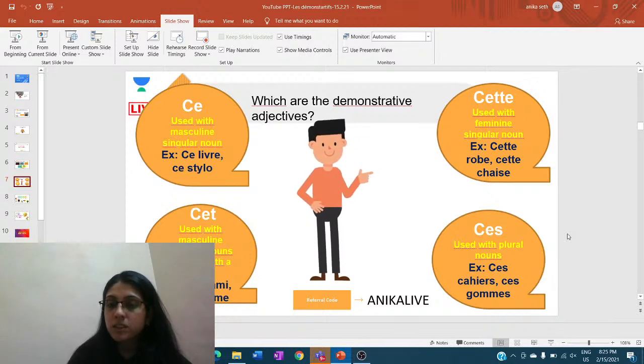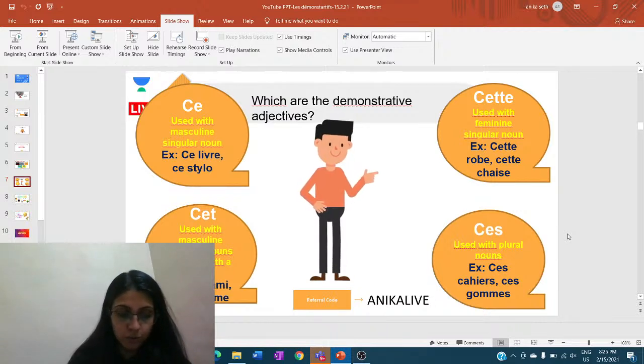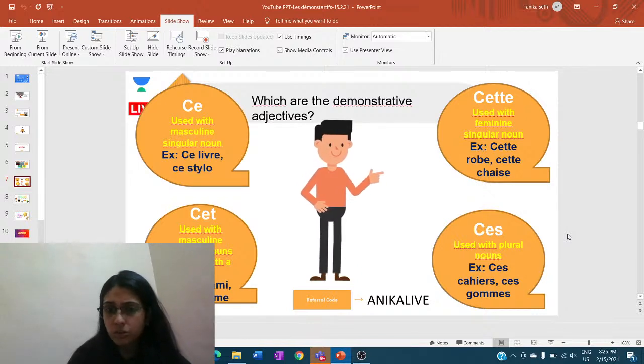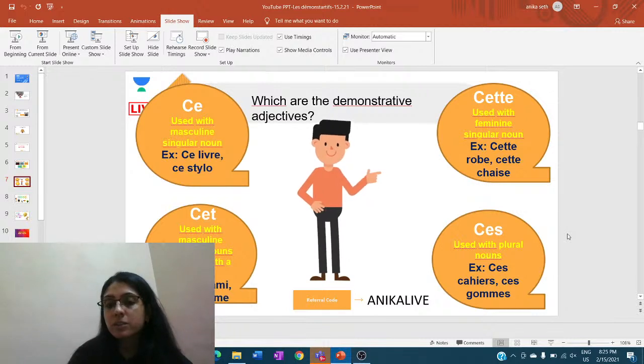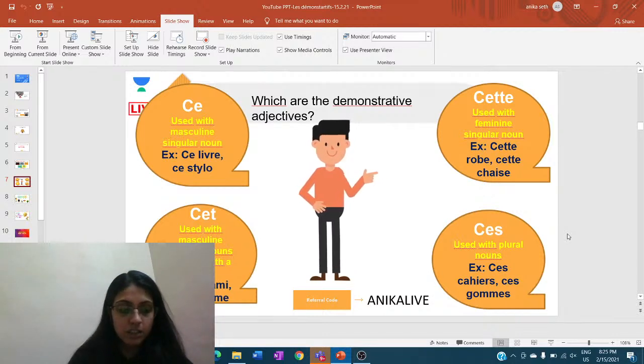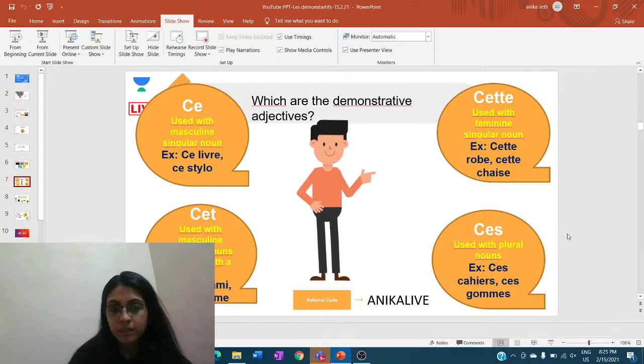So whenever a noun is in the plural form, we do not even have to think whether it is masculine, feminine, or starting with a vowel or consonant. It will always be CES. And then CET, the fourth type of demonstrative adjective, would be used when we are using it with a masculine noun starting with a vowel and in the singular form. Only in the singular form.